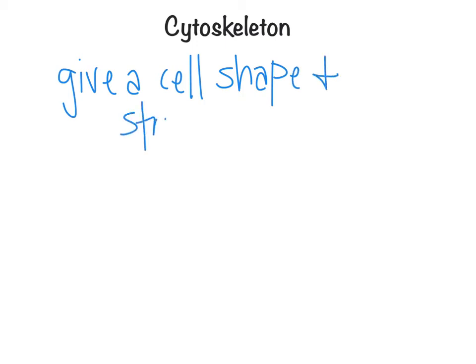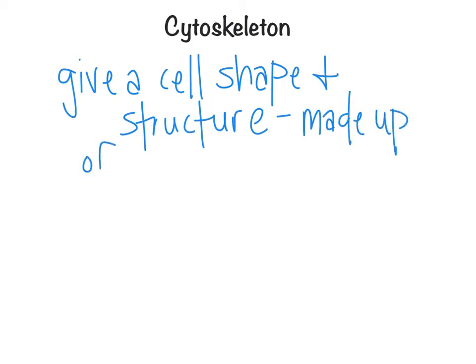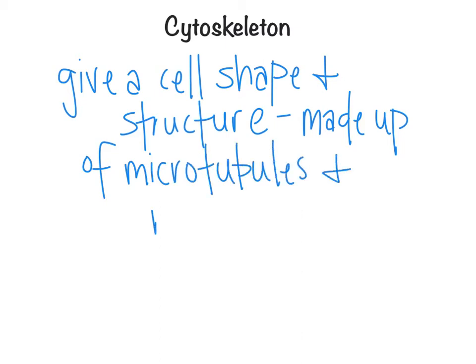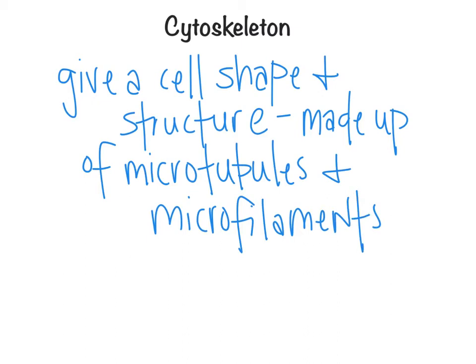So just like your skeleton gives you a frame and a shape, this skeleton is going to do the same thing, and it is made up of microtubules and microfilaments. So these are just fancy words for these proteins that help to make it up. But again, think of this like your bones, like your skeleton. It gives the cell shape and structure.